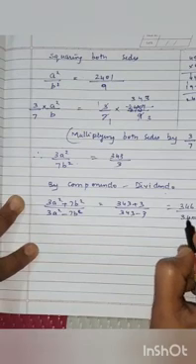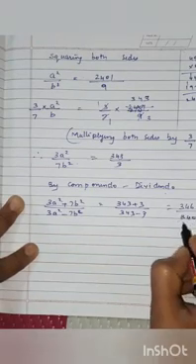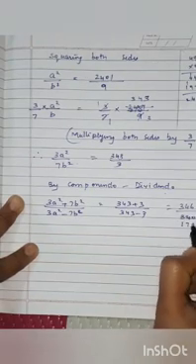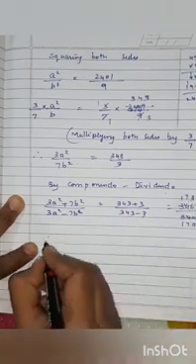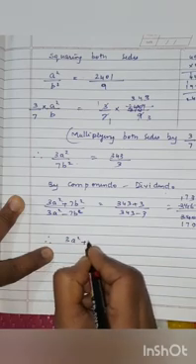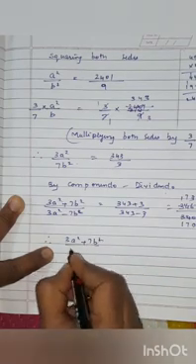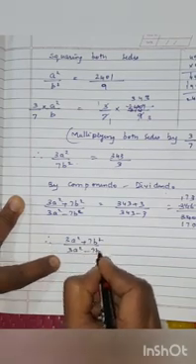Let me check any cancellation. So we get (3a² + 7b²)/(3a² - 7b²) equals 173/170.